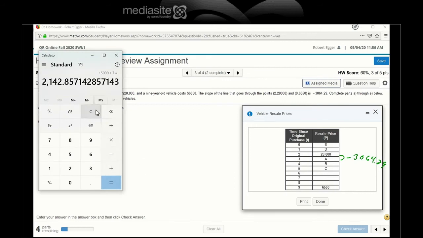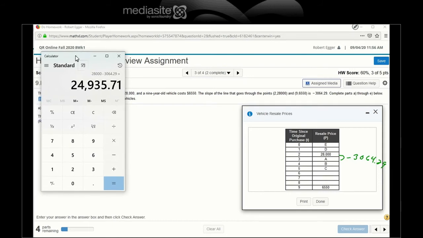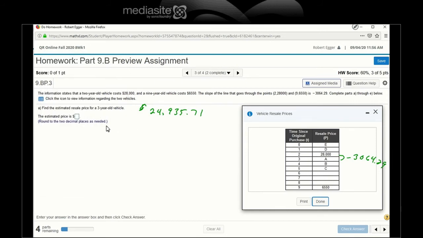So let's do the 2-year-old car, and we'll subtract 1 year's worth of loss of sale, which gives me $24,935.71. So 24,935.71.